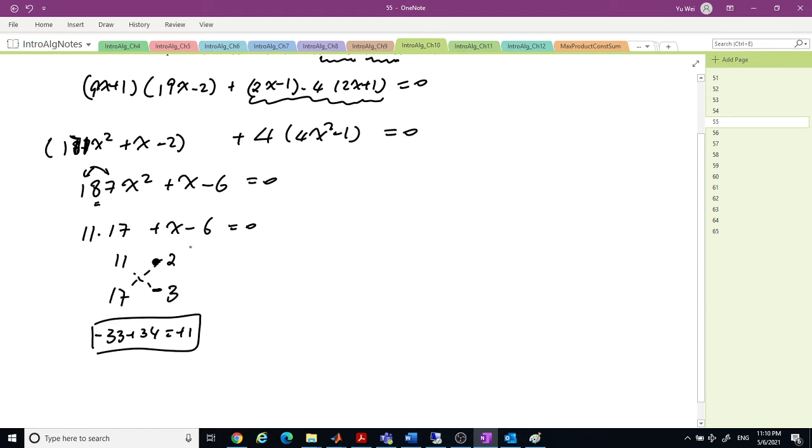Okay, so that's the coefficient of the x. So now we have 11x plus 2 and 17x minus 3 equals 0. So x1 equals 3 over 17, x2 equals negative 2 over 11. Okay.